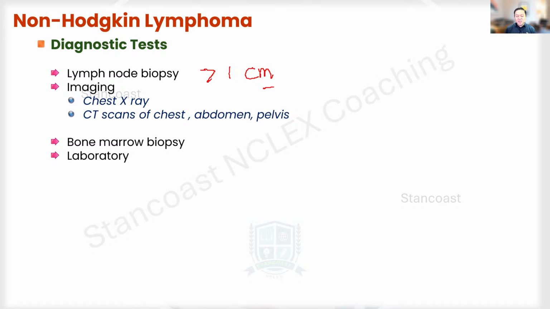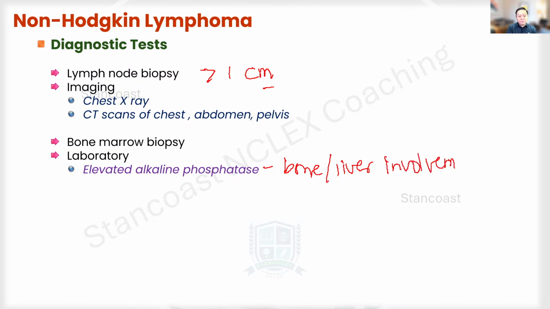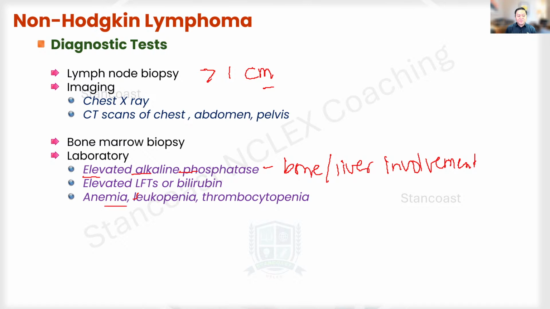And we are going to check the other lab test. The patient here will have an elevation of the alkaline phosphatase. So this simply means that the person is now having bone or let's say liver involvement. Okay, take note about elevated alkaline phosphatase. And the person might have elevation of the liver function test, those liver enzymes, of course. It's going to tell us that the patient now has spread, it already has the cancer cells into the liver, right? The person will also have some anemia.